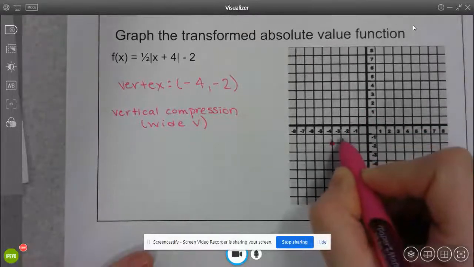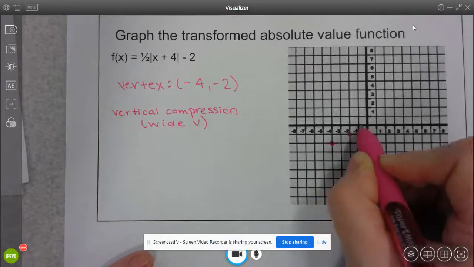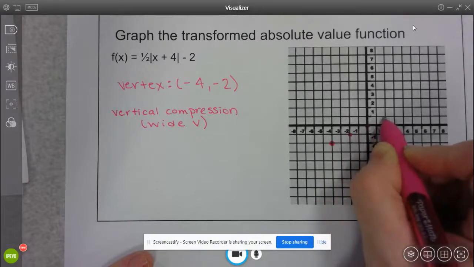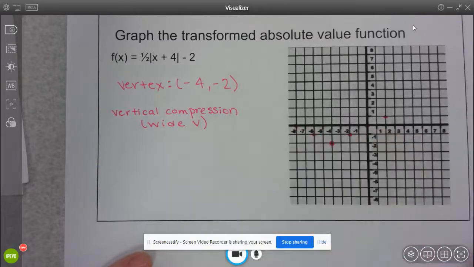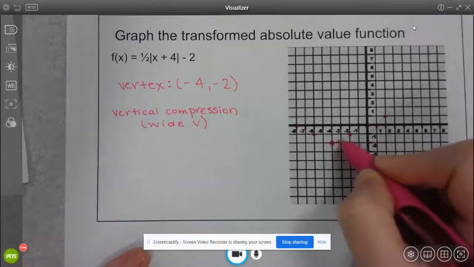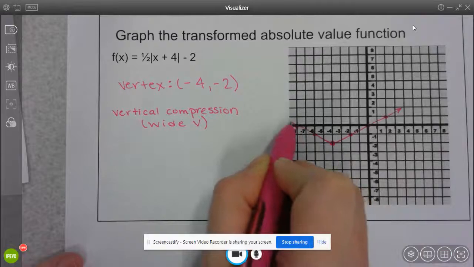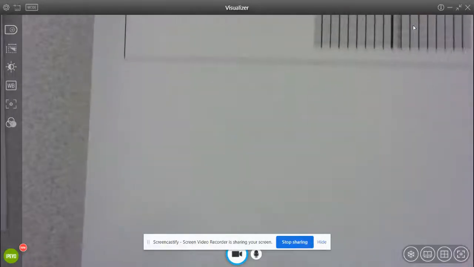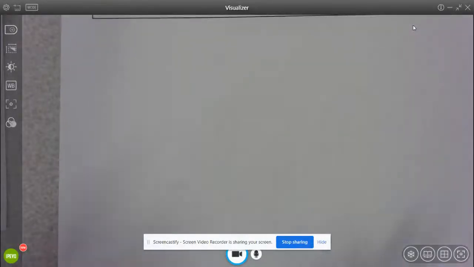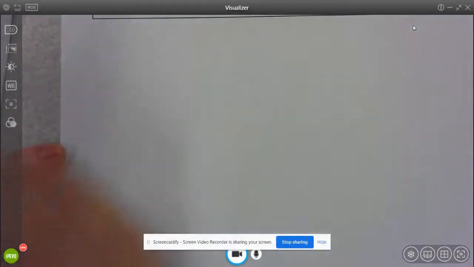So I'm going to go up 1 over 2, up 1 over 2, up 1 over 2. So now I have a wider V than I did before. The other thing that I forgot to print out that could potentially come up is writing an equation from a set of instructions.